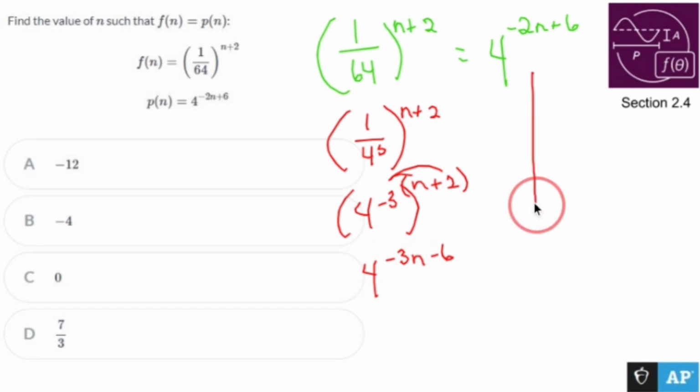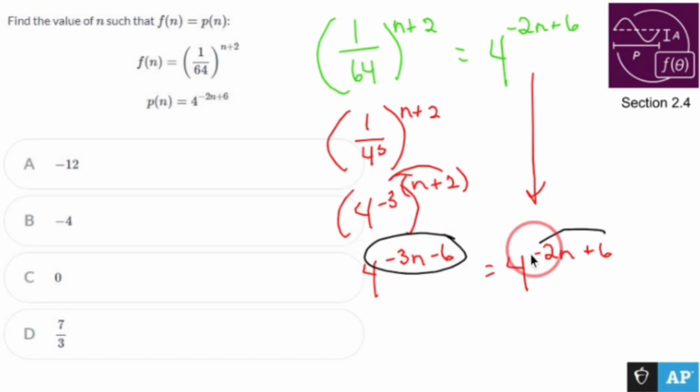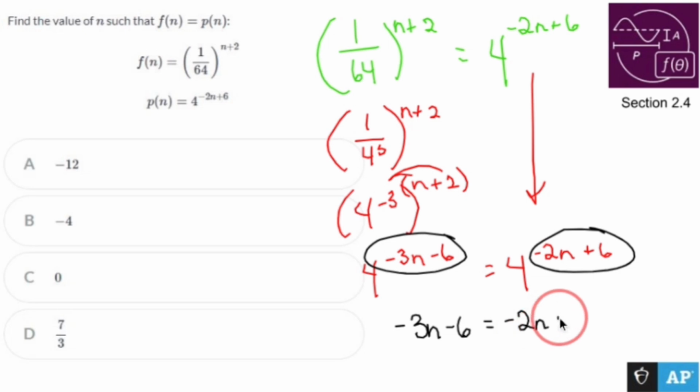Now let's bring this guy back down, because that is 4 to the negative 2n plus 6. If you have terms of the same base that are equal to each other, then your exponents are going to be equal to each other. So negative 3n minus 6 is going to equal negative 2n plus 6.